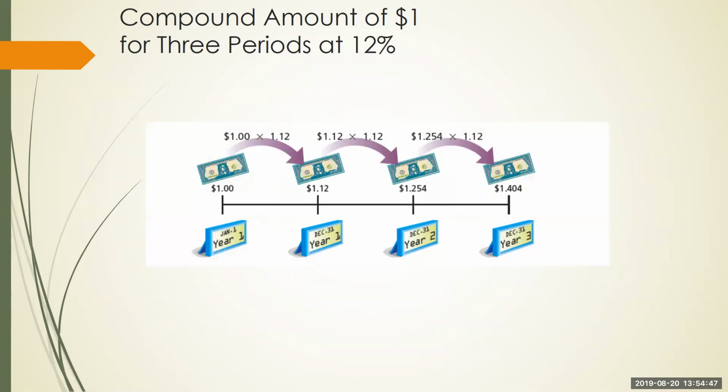So again, this is just sort of a pictograph of how this works. So if I've got $1 and I'm earning 12% on it, in 1 year, obviously I'm going to have $1.12. And then what happens in the second year that's kind of cool, this is where the compounding comes in, is that in the second year, my interest is being calculated on a higher principal because I've now got $1.12 and not just $1.